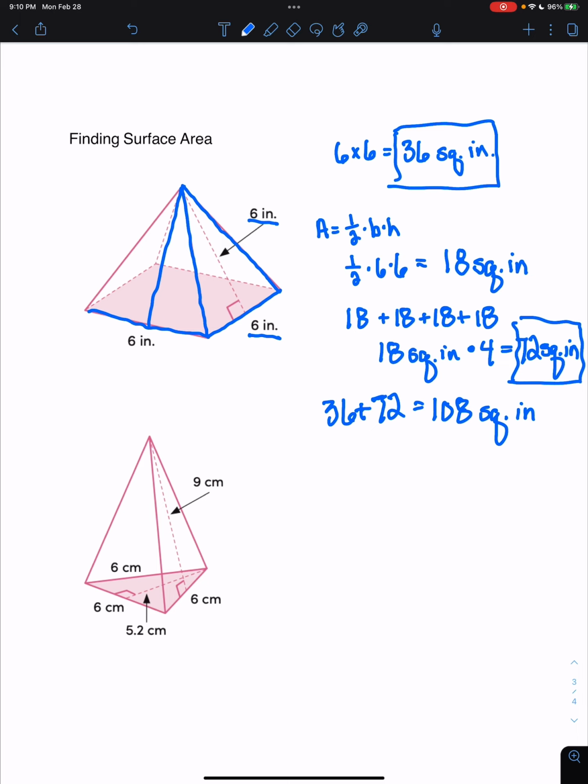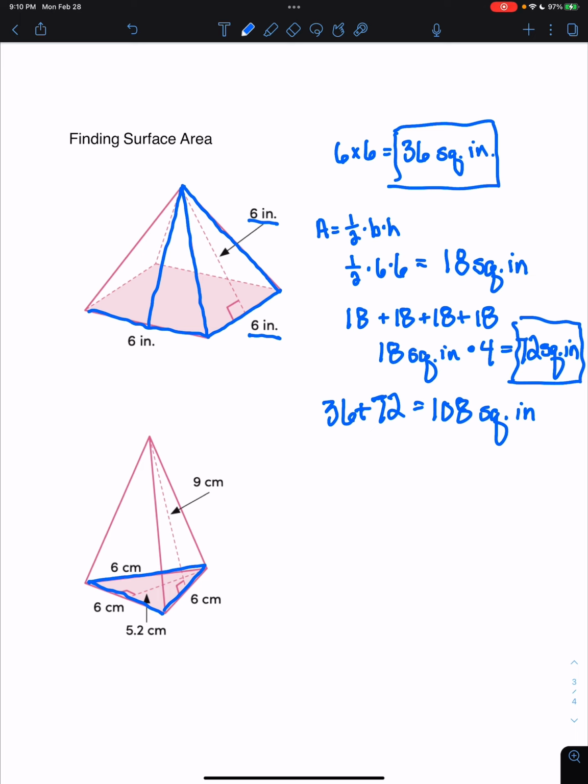Now, I gave you another problem down here, and you can try it on your own. But what I want to point out here is that we have a different shape on our base because this is not a square pyramid. It is a triangular pyramid.